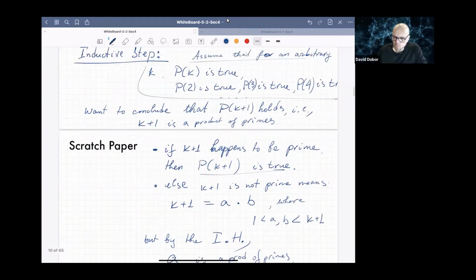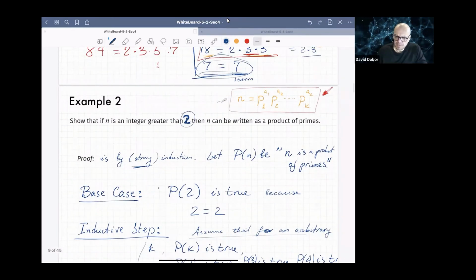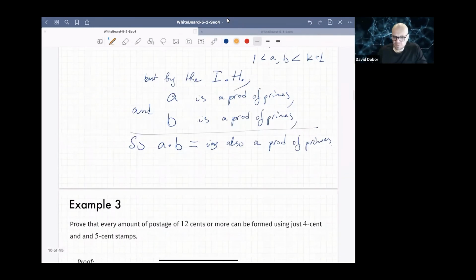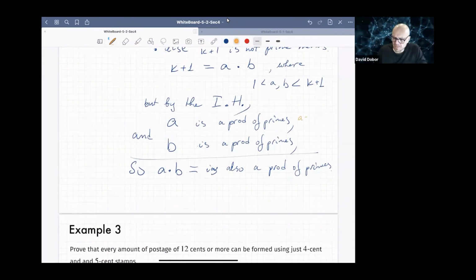For people who like to see this written out, you can write it if you'd like. It's not necessary here, but you would write something like A is P1, blah, blah, blah, P sub L, a product of primes. B is a product of, let's call them Q's, Q1 to some power, blah, blah, blah, Q sub M. Each one is a product of primes.